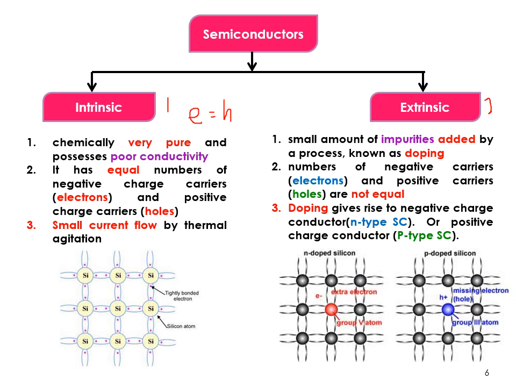So for extrinsic, we must have a dopant material to give rise to either negative charge to have N-type or positive charge to have P-type semiconductor.